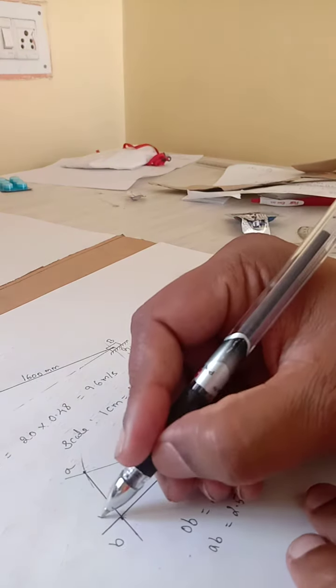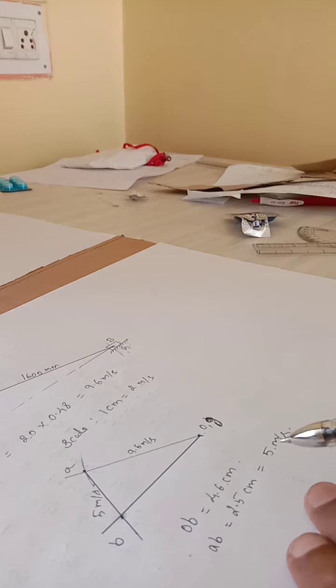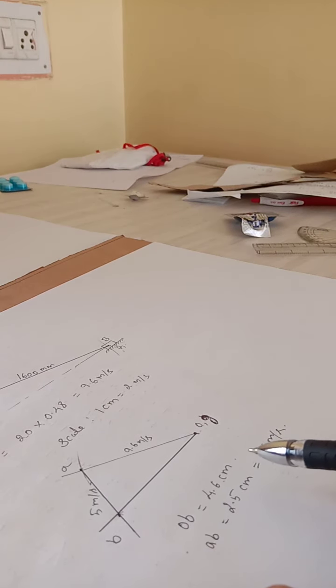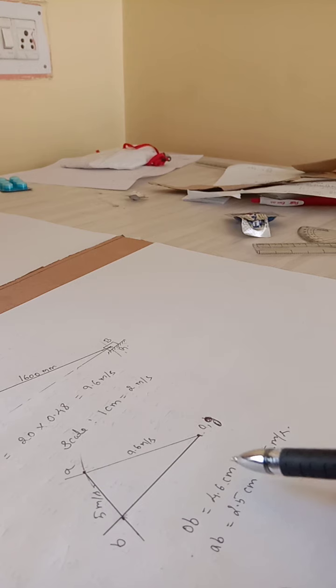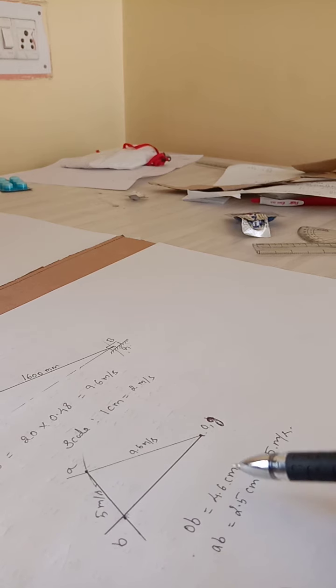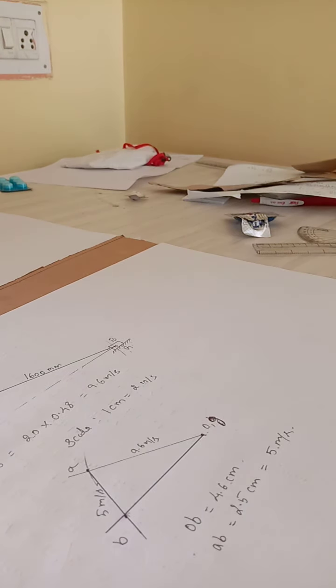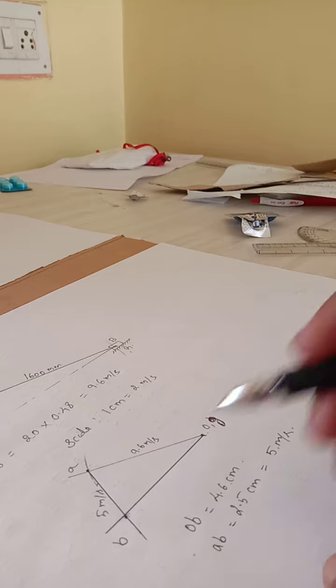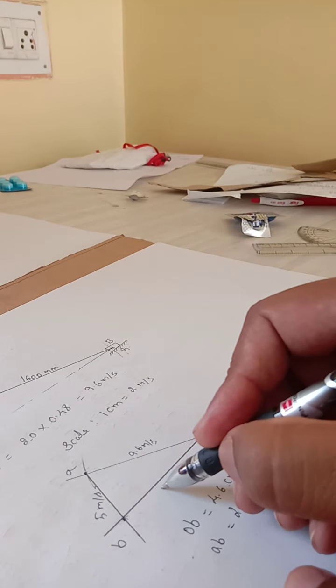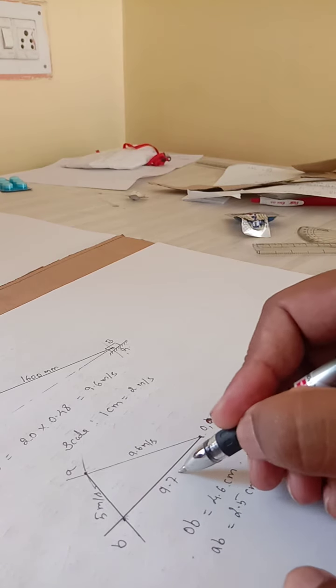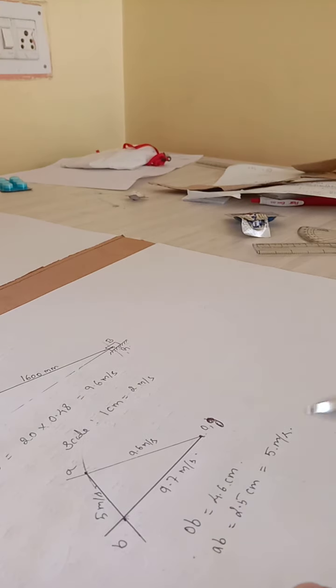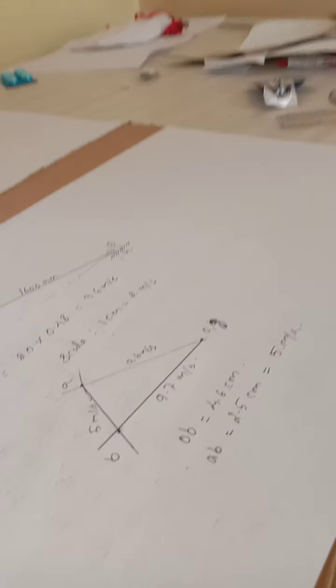And 4.6 into 2 should give you 9.7 meters per second. So this is the required velocity diagram for this.